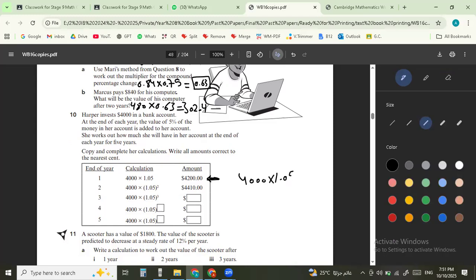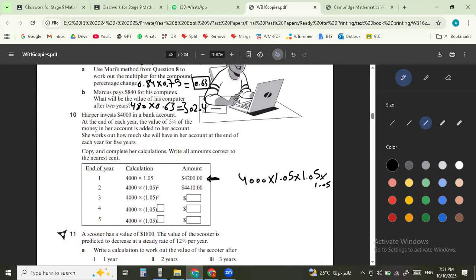Then the second year, it's going to be another 1.05. Mr., 1.05 multiplied by itself is 1.05 squared. Exactly. And after the third year, we're going to have a third 1.05. Mr., 1.05 multiplied by itself 3 times is 1.05 to the power of 3.